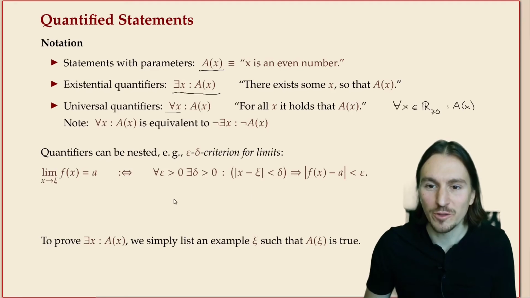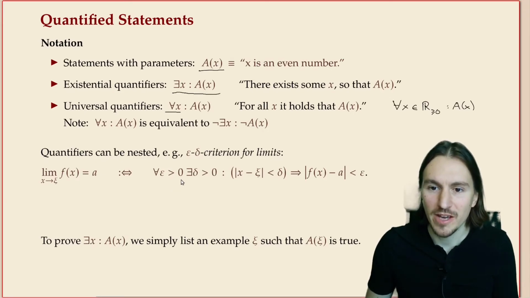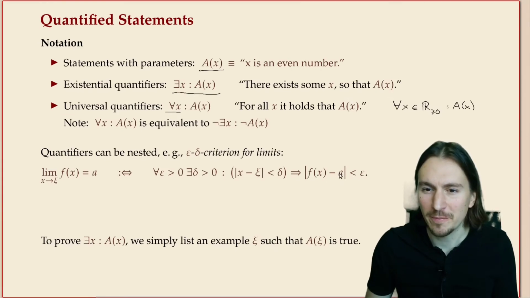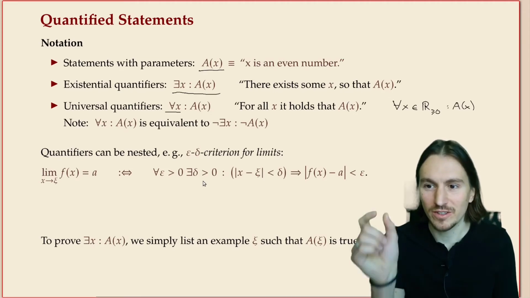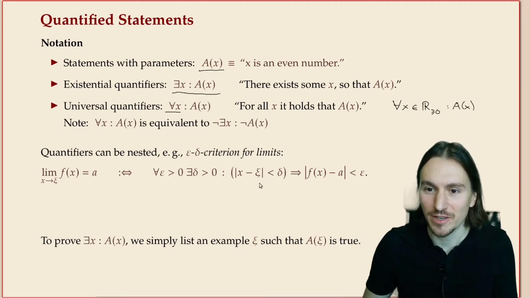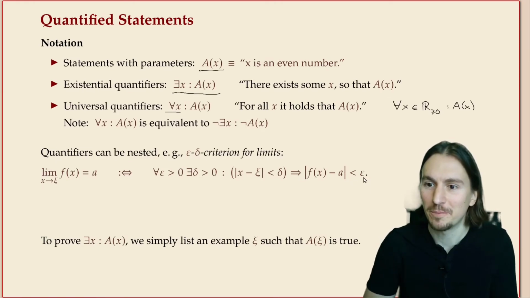You can express this formally by saying for every epsilon, so that's how far do you allow the function to be away from a? For every such accuracy parameter, if you like, there exists a delta. There exists a distance on the x range, so that when x is close enough to xi, namely closer than delta, also the function value is closer to a than epsilon.